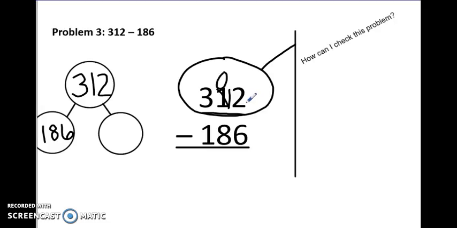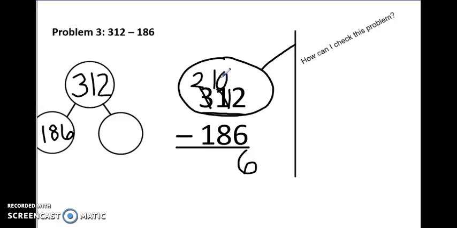Now I'm going to do my subtraction. 12 minus 6 is 6. Now I move on to my tens. Here I have a 0 minus 8. Well, 0 is less than 8, so I'm going to need to go next door to the hundreds, cross it out, take one of the tens, so it becomes a 2, give a 10 to the 0, so now the 0 becomes a 10.